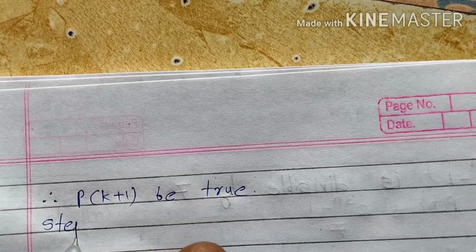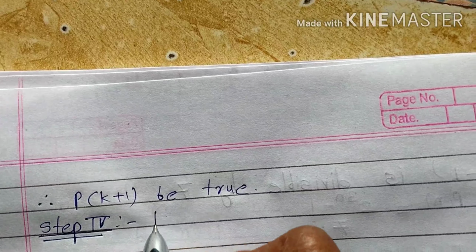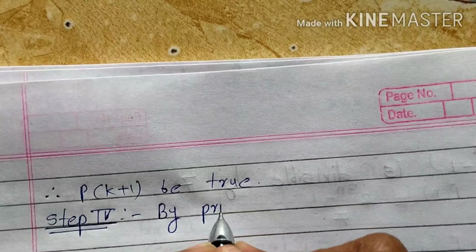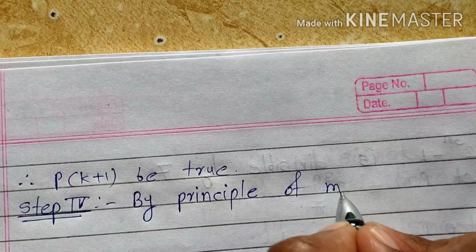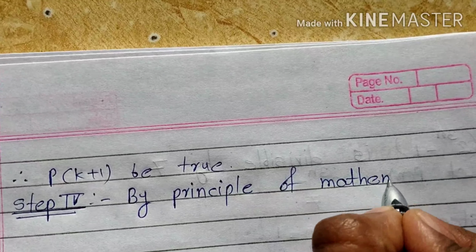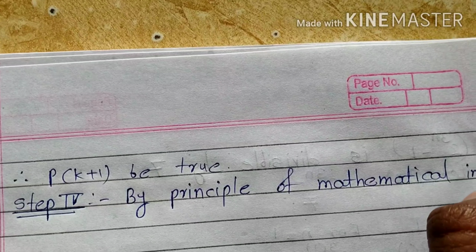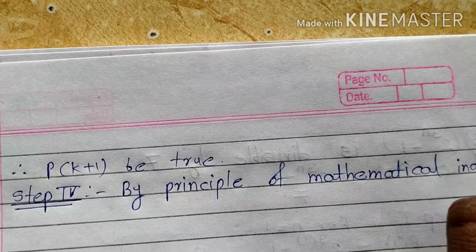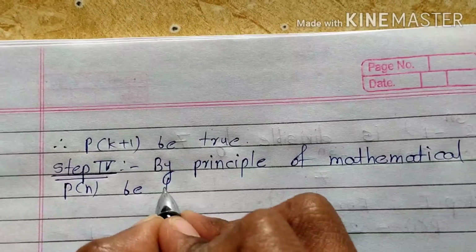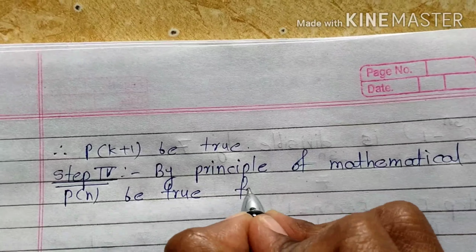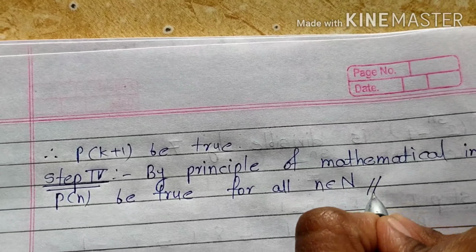And hence step fourth, by the principle of mathematical induction, P of n is true for all n belonging to natural numbers.